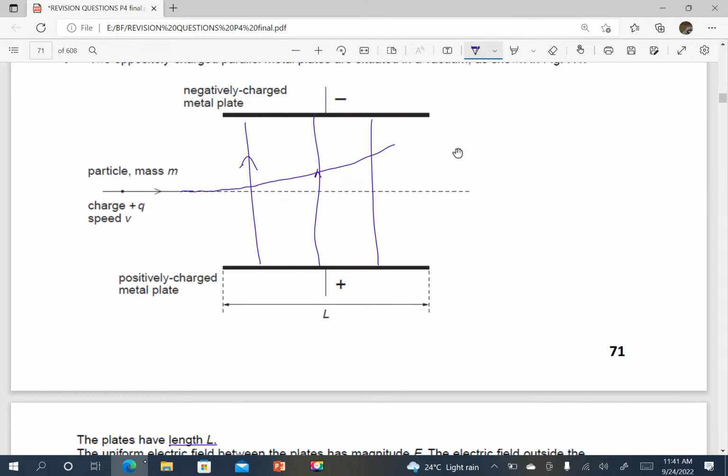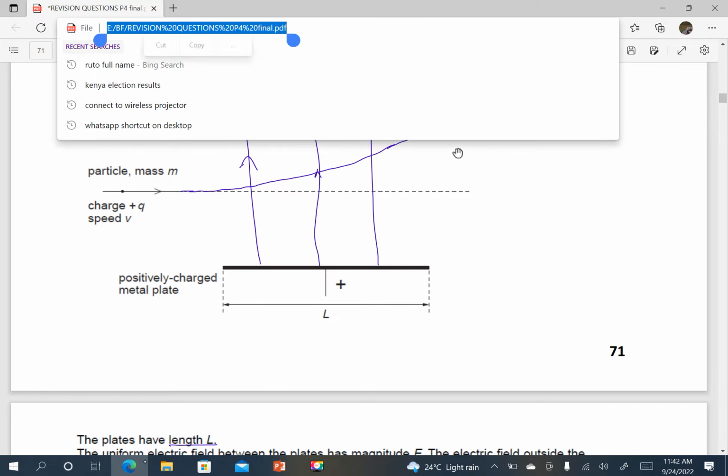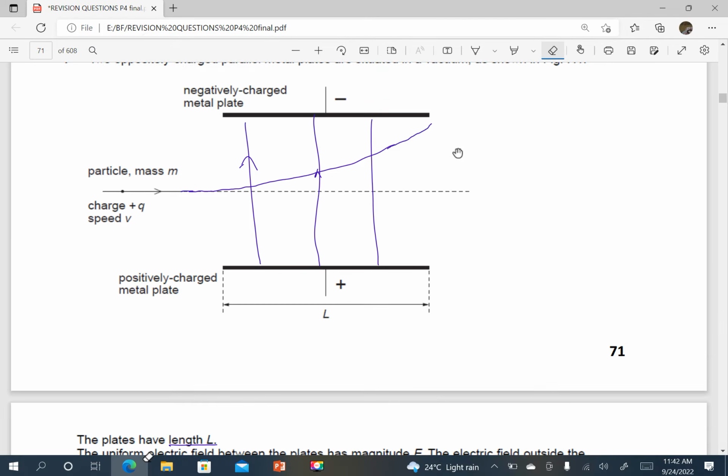A smooth curve towards the top plate. And when the particle emerges, this should be a straight line. So here you put a ruler at the point of emerging, then draw a tangent to the curve, so that when the charged particle emerges, this part here is a straight line.